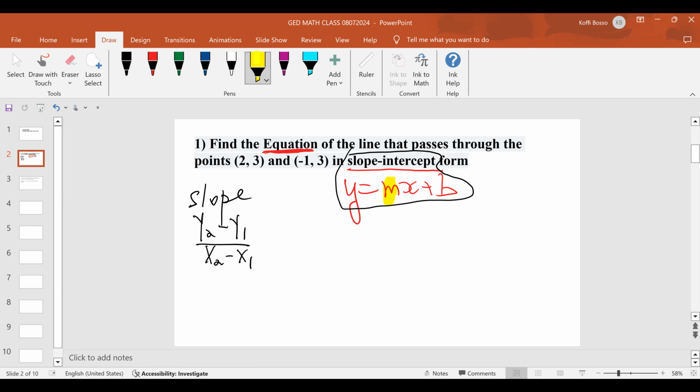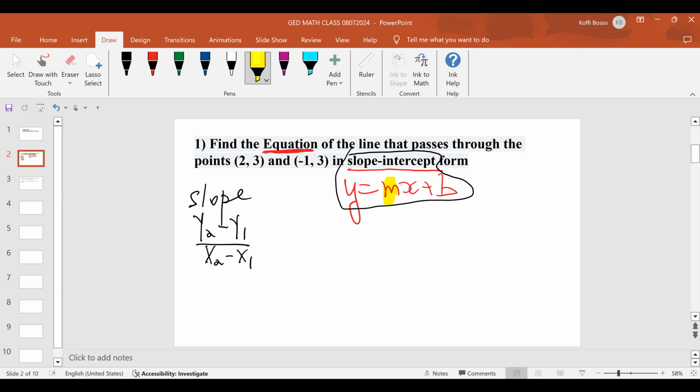So in slope-intercept form, we use a slope. Yes, that's what you have to understand. The m in y equals mx plus b represents the slope, but the slope itself has a formula, which is y2 minus y1 divided by x2 minus x1.